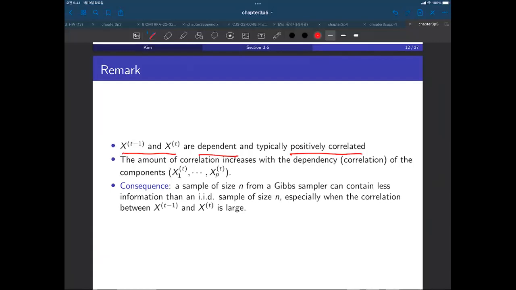So here we are talking about two different correlations: the correlation across T and the correlation within the Gibbs sampling.